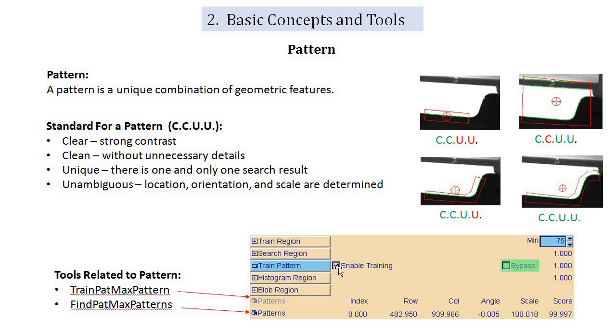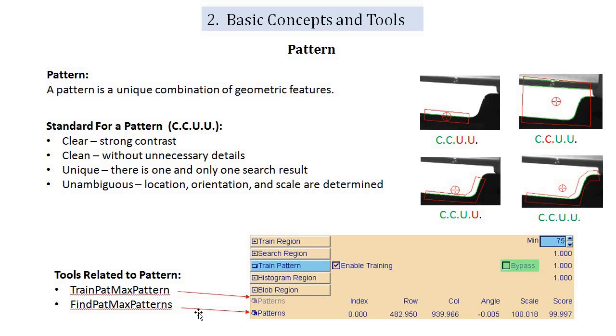To train the pattern, we have to check this enable training block over here. Then we will define the train region just like this. The train region is defined in red. And then we will click on the train pattern tab. We'll click on here, and then the pattern is trained and completed.